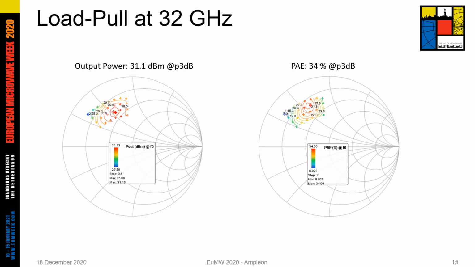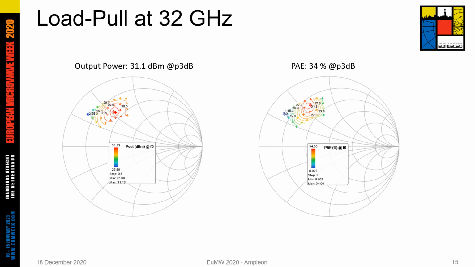gigahertz. The second step is the load pull at higher frequency, mid frequency or high frequency. Here I show you two examples of the max power and max efficiency of the GaN devices at 32 gigahertz, which show that we can capture the point with good accuracy.